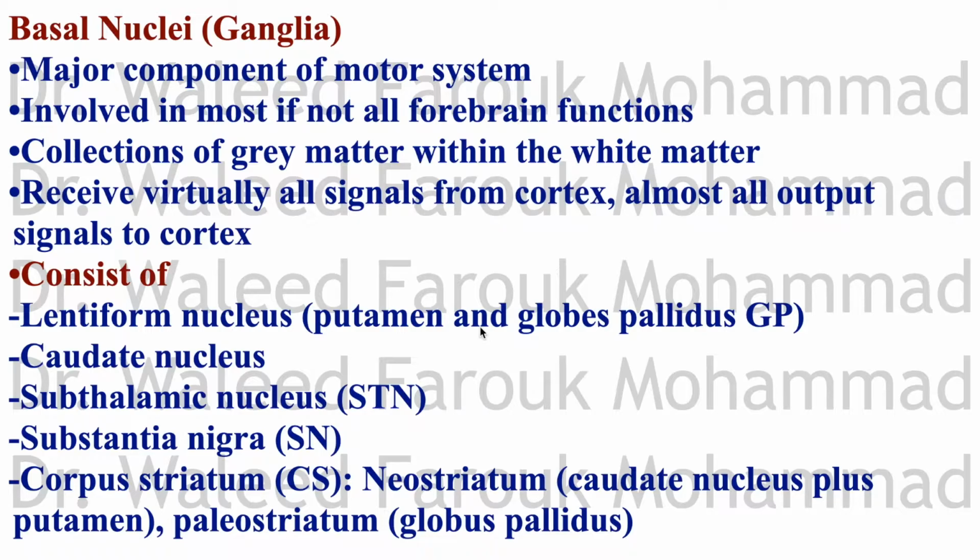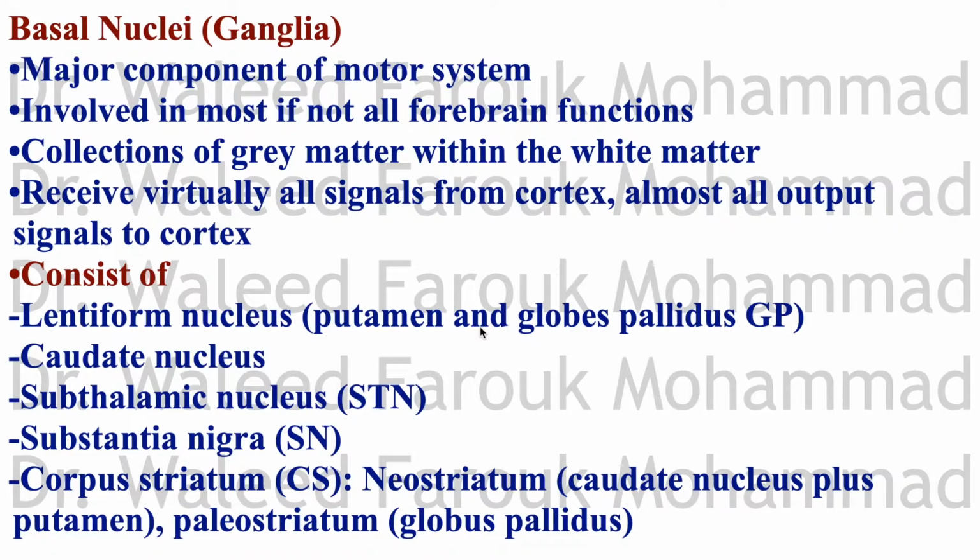They are collections of gray matter within the white matter, so they are deep down and receive all signals from the cortex and almost all the output to the cortex. So they are an intermediate link between the orders coming out of the cortex and the feedback coming into the cortex.